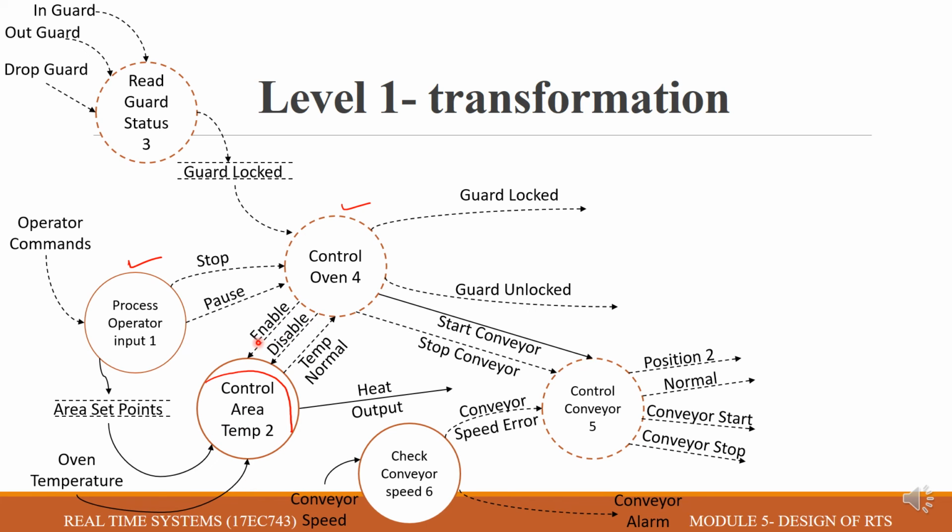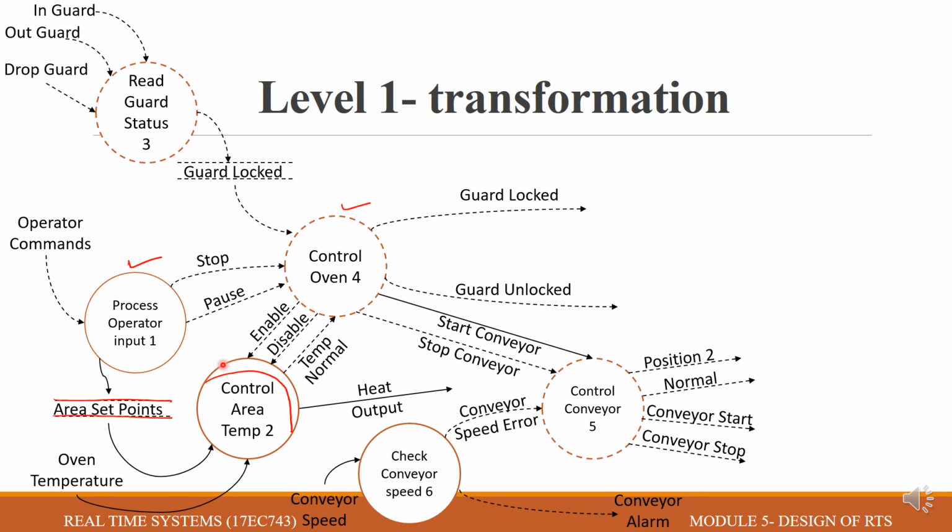The enable and disable mentioned here are nothing but prompts indicating whether a particular transformation is active or not. Apart from that, we have data store and control store. The one with solid straight lines, that is area set points, we call a data store, and the one with dotted straight lines, we call a control store.